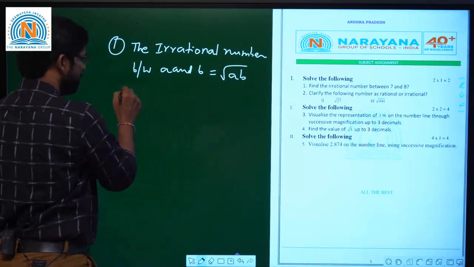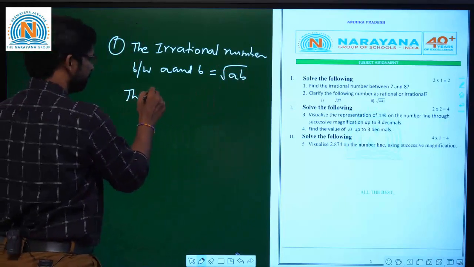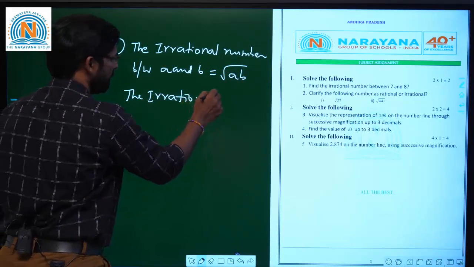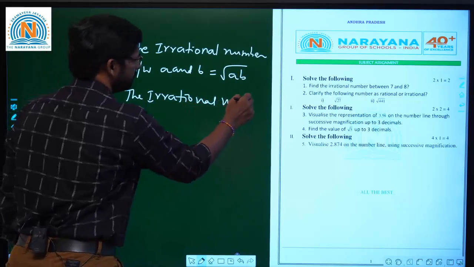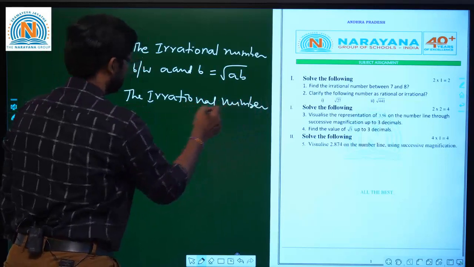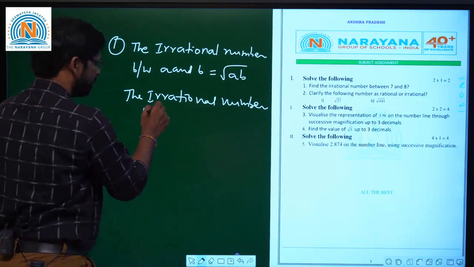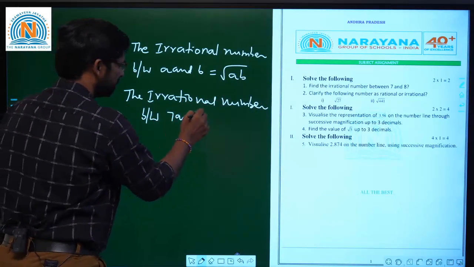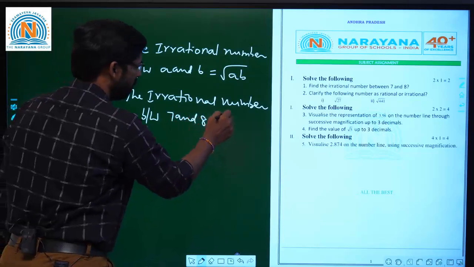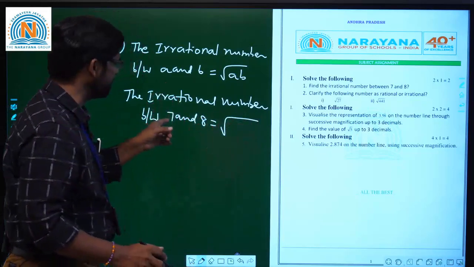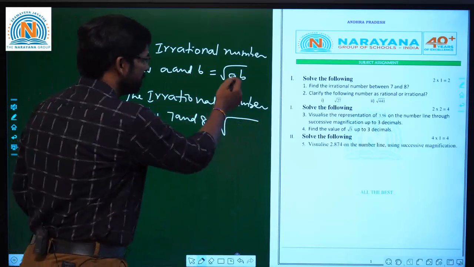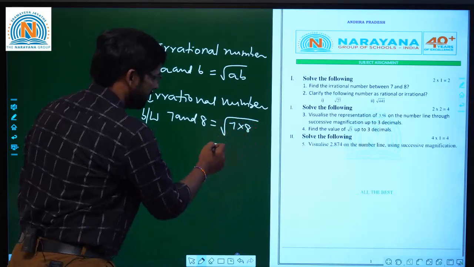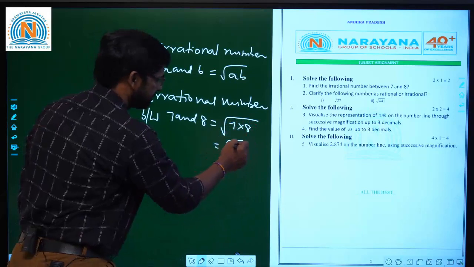Like that, the irrational number between 7 and 8 is root of AB, where A equals 7 and B equals 8. Replace that, A equals 7 into 8, you get root 56.